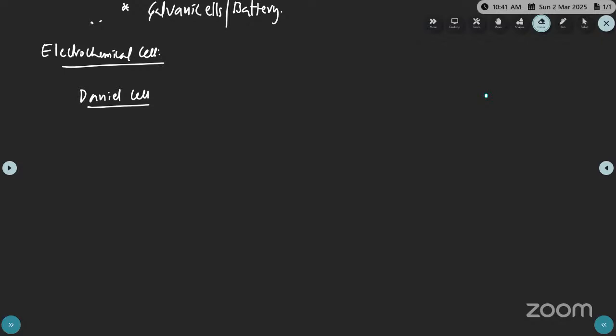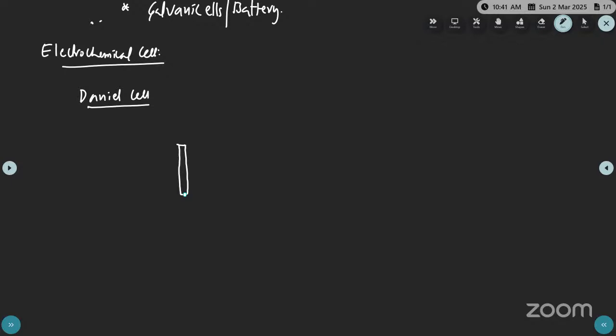Like this, the Daniell cell also consists of two electrodes. One is the zinc electrode. What is the zinc electrode? A zinc metal rod dipped in its solution.